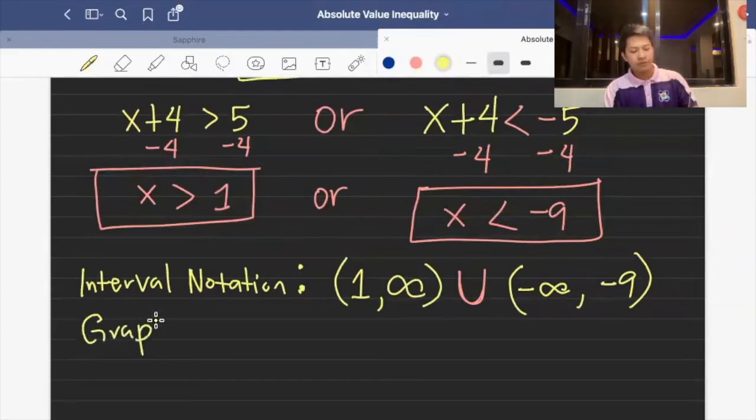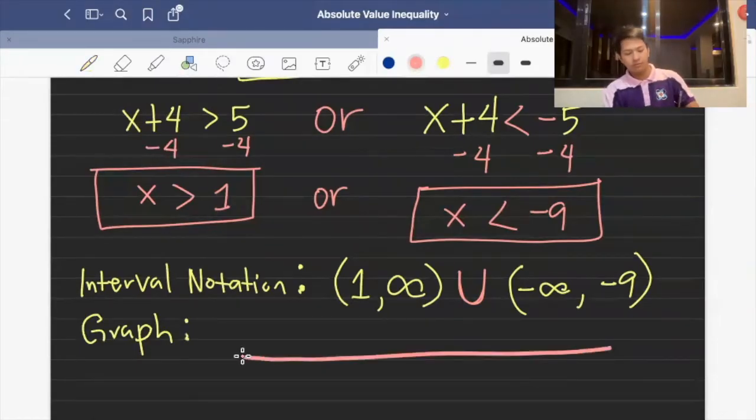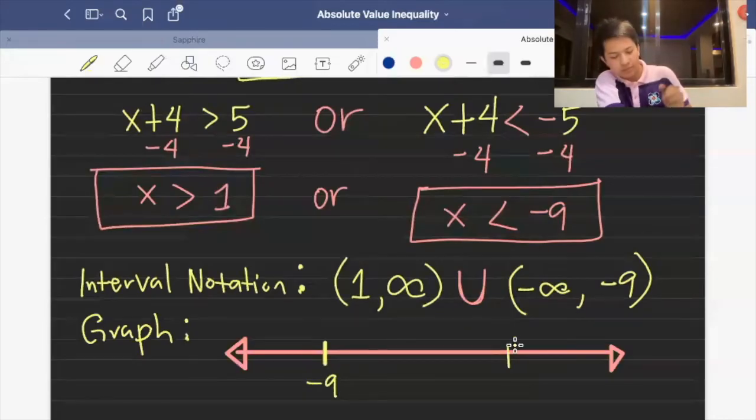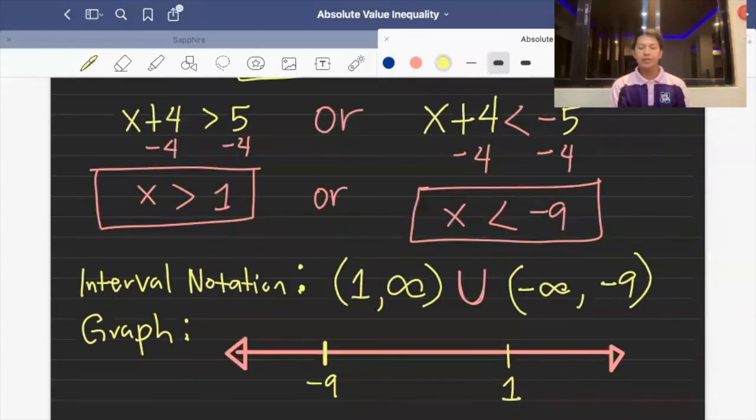Graph. So let's try to graph this. X is greater than 1. Say, for example, let's label this as -9, and then this one is 1. Okay, -9 and 1.